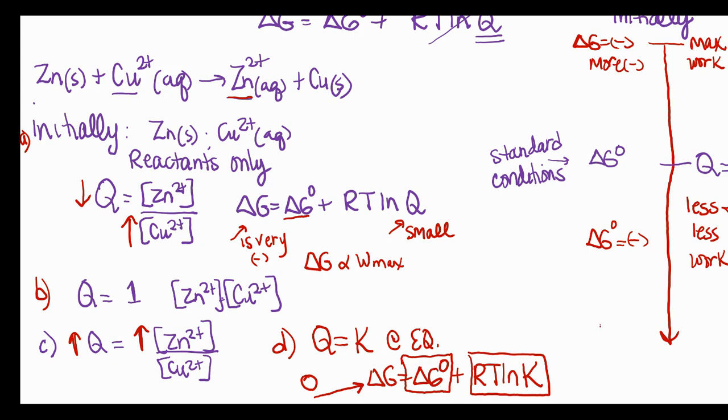So at this point, delta G goes to 0. And that means that our process has no more work. Okay, and so what will end up happening if we actually plugged in a really large number, we'll see here in a minute, that this term is same magnitude but opposite sign of the delta G naught. And so what happens is that delta G goes to 0 and you reach equilibrium.